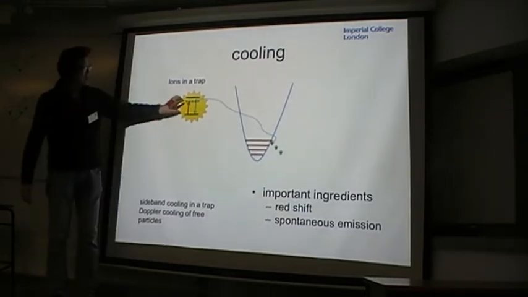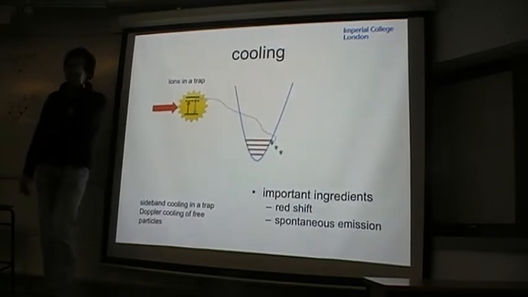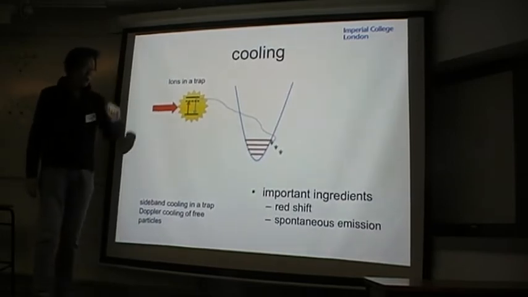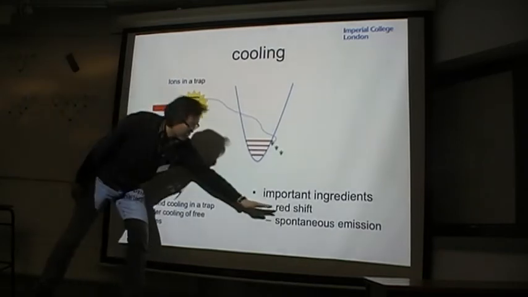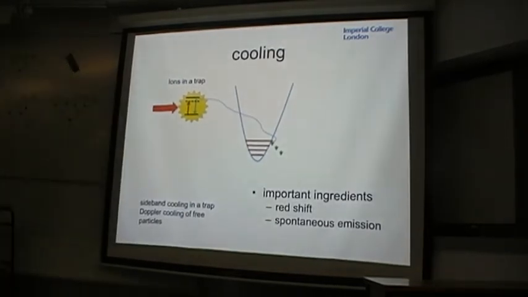The energy of this external field has to be smaller than the transition frequency of the internal energy levels of the particle. That's called redshift. And the next one is spontaneous emission. It has to emit the photon in a spontaneous way. So there are two important ingredients.